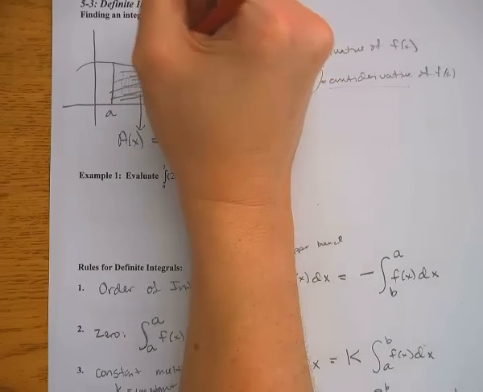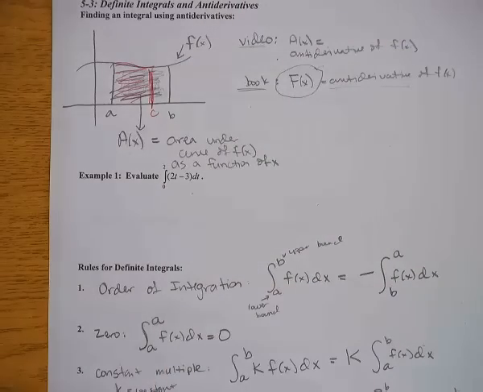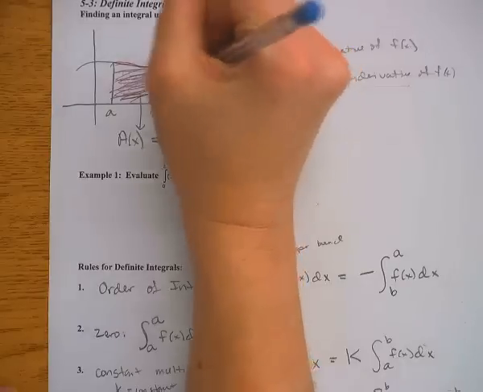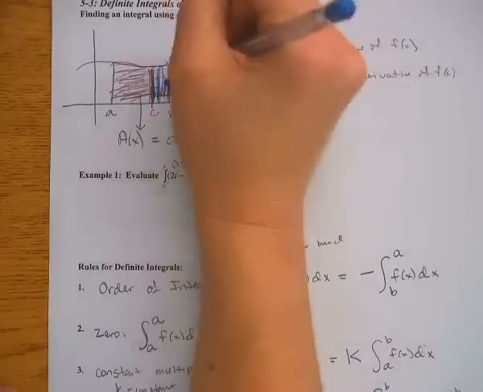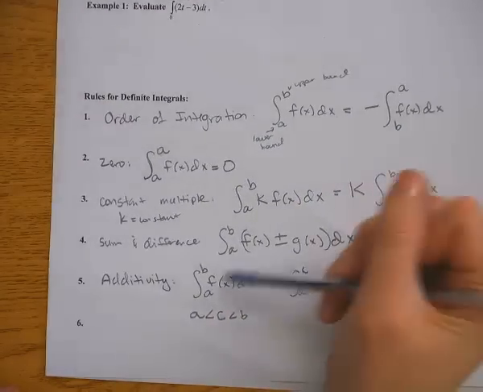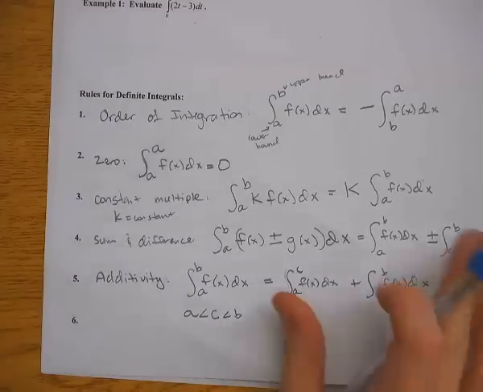I could find the area under f between a and c, if that were easy to do, and then find the area under f between c and b, and add those two areas together, and I would have the area under f between a and b. So that allows us to split up the limits of integration.